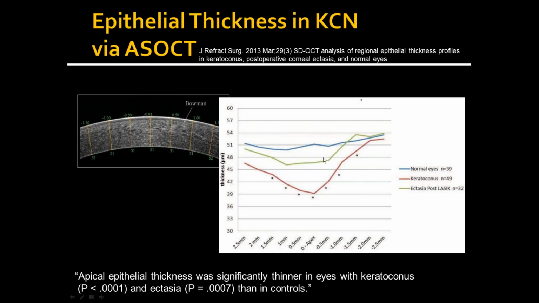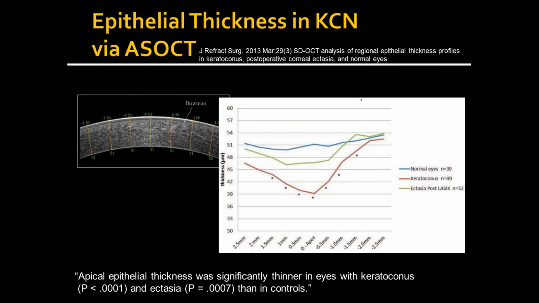In the green, we get this central thinning, and that's in a post-LASIK ectasia population of patients. And then finally, look at the more dramatic central thinning that was found in the paper for the keratoconic patient population. So that's typical of what we'll see in keratoconus, this localized central thinning and surrounding thickening of the epithelium.